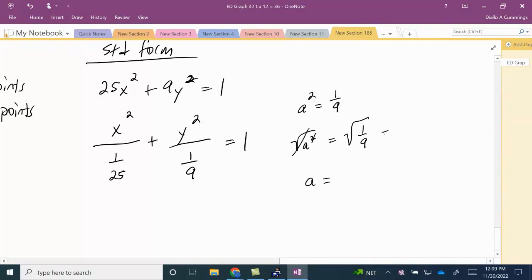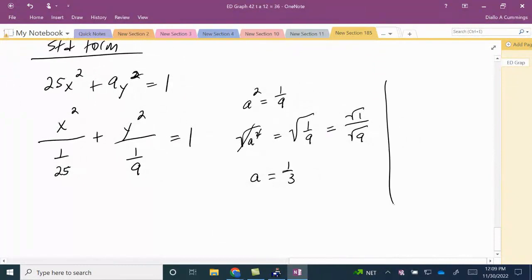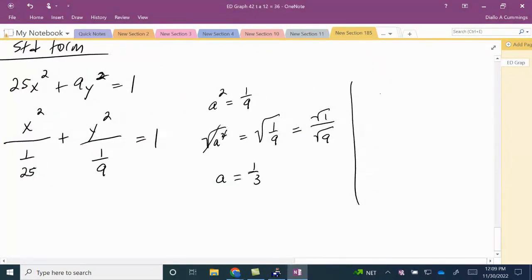For the square root of 1/9, I can use the quotient rule for radicals and write that as the square root of 1 divided by the square root of 9. So I get 1/3. B squared is equal to 1 over 25. Here again, I can take the square root of both sides, so b is equal to 1/5.